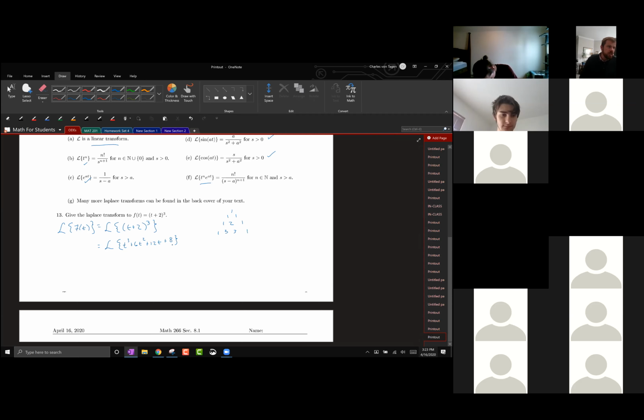So there's that function in expanded form. And so I'd like you all to take the Laplace transform of this. You don't need to derive it. Use the rules up above. Go ahead and take the Laplace transform of this.